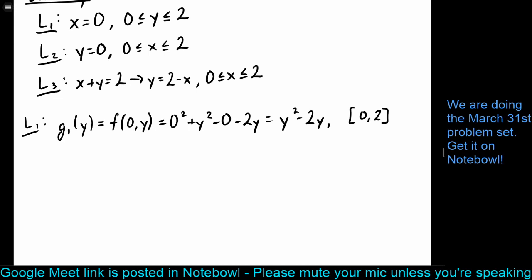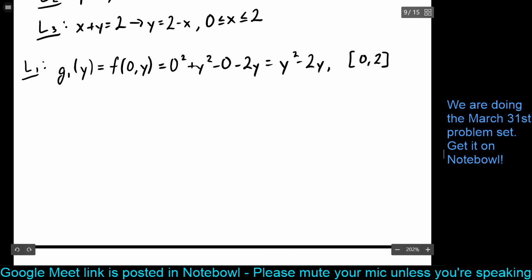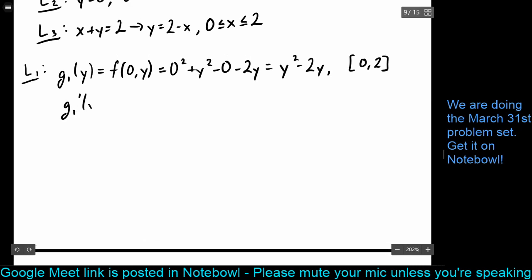All right, and now we just do the Calc 1 stuff. We take the derivative and search for any critical numbers on the inside. The nice thing here is I just need to keep track of critical numbers that are not on the boundary. So G1 prime of y is 2y minus 2, which says that y is 1.